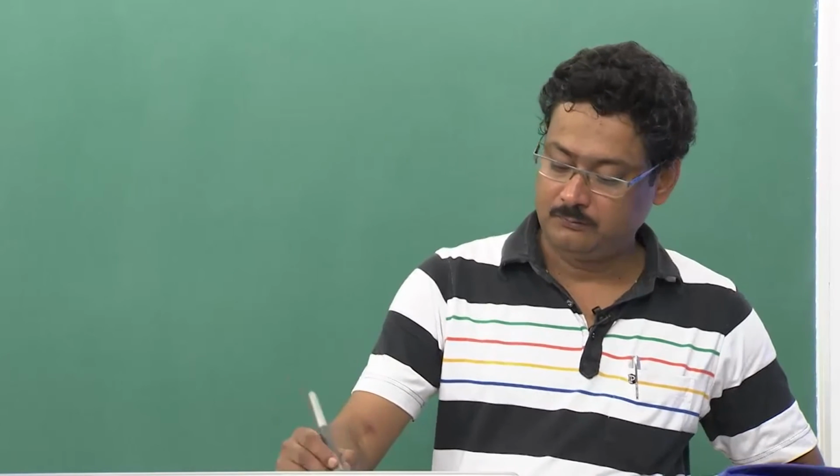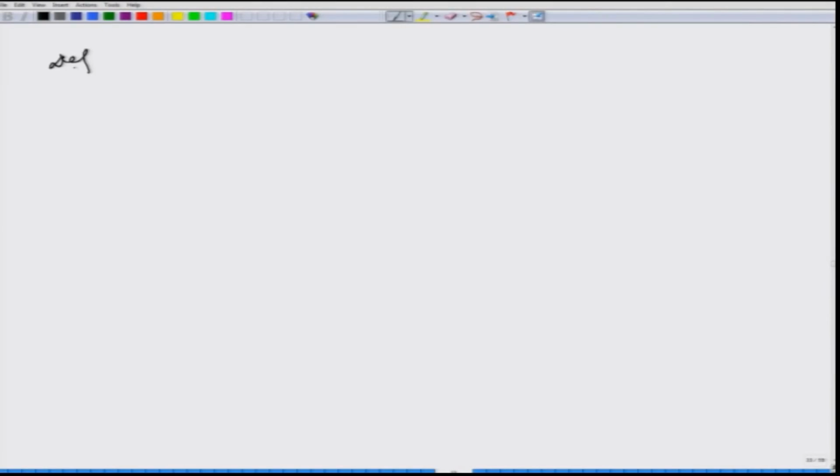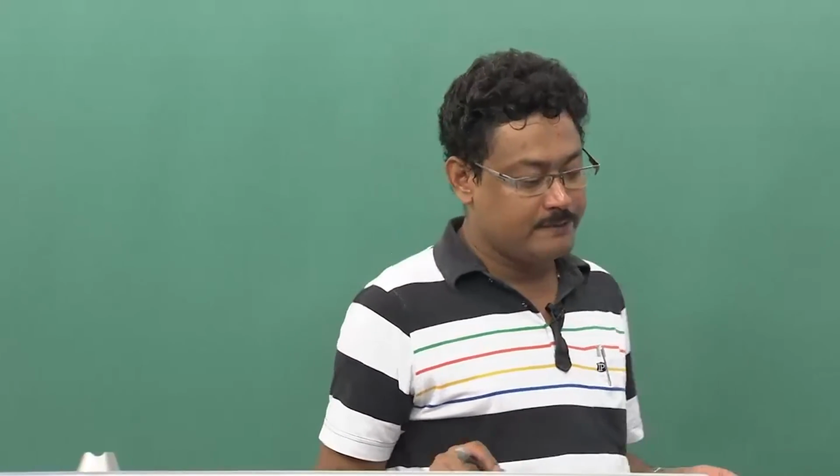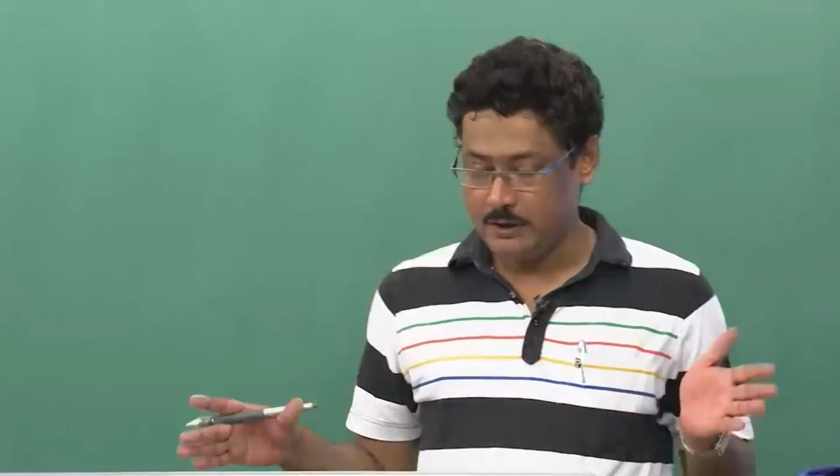Now I associate two more quantities. I said that in this lecture and the next lecture we have to associate certain quantities, and then we analyze those quantities and see their implication on geometry.